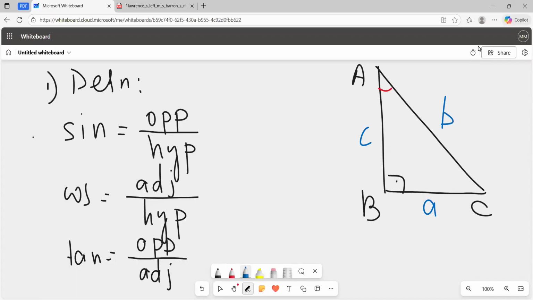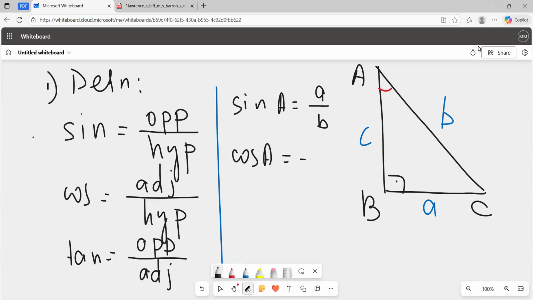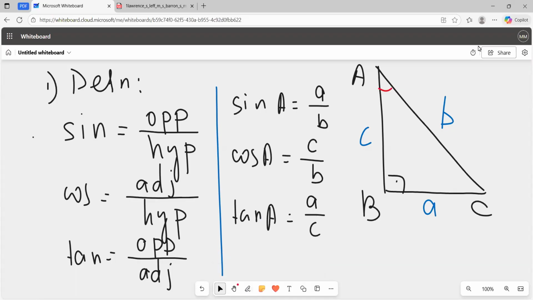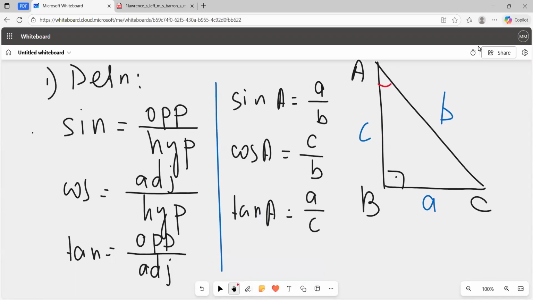Then, in our case, sine of angle A is equal to a divided by b, and cosine of A is equal to what? c divided by b, and tangent of A is equal to a divided by c. This is about definitions of trigonometric ratios in a right triangle.